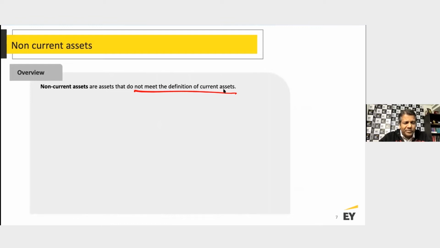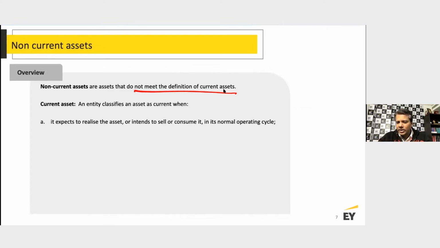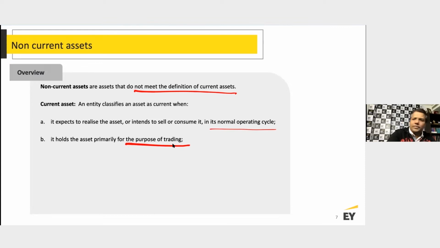So now, what is a current asset essentially? An entity classifies an asset as current when it is part of the normal operating cycle. It expects to realize the asset, or intends to sell or consume it, in its normal operating cycle. That's an important point. It holds the asset primarily for the purpose of trading, buying or selling.